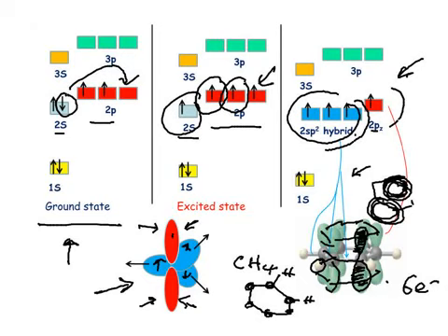At times they'll be found above the plane of the ring, and at times they'll be found below the plane of the ring. And so those are delocalized electrons. The benzene ring then is a flat structure with high electron density sitting above and below the ring, and that helps us to understand much of the chemistry of benzene.